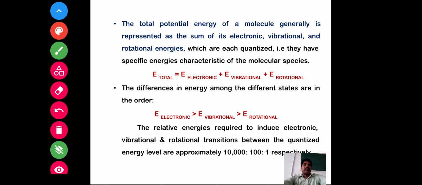The total potential energy of the molecule is generally representing electronic, vibrational and rotational energies, which are each quantized, as we have seen in the previous class.